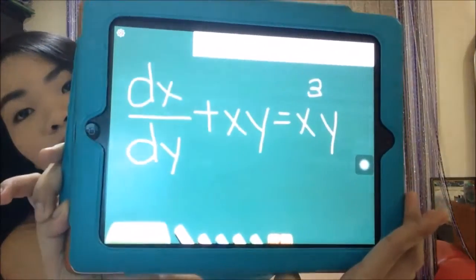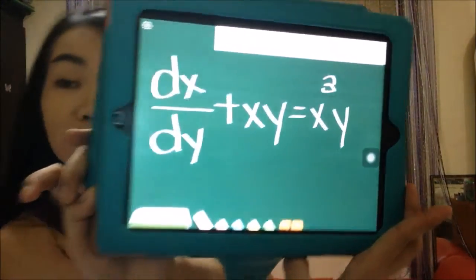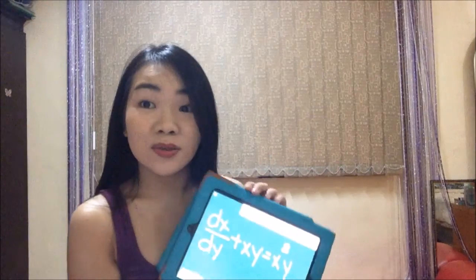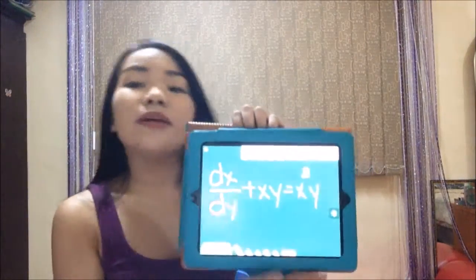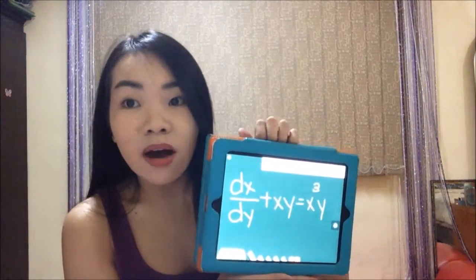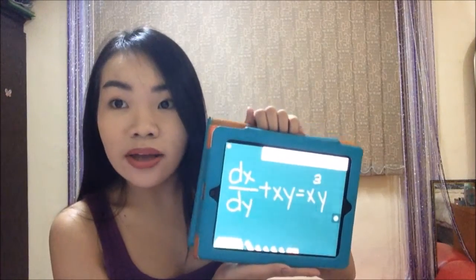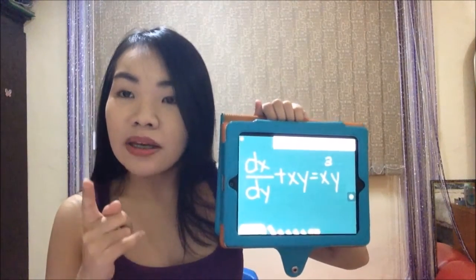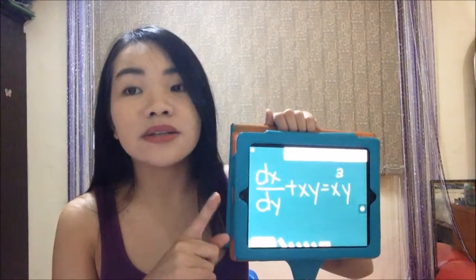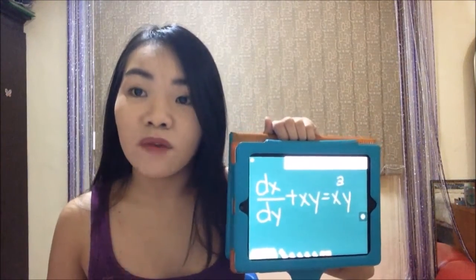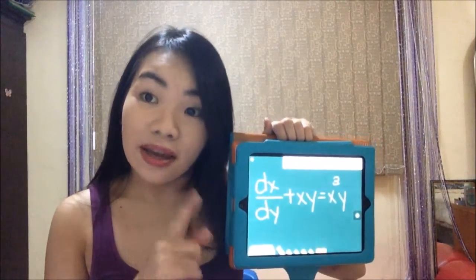If we reverse dy over dx to dx over dy, the Bernoulli's equation will become dx over dy plus p function of y times x is equal to q function of y times x raised to n. I'm going to write it.